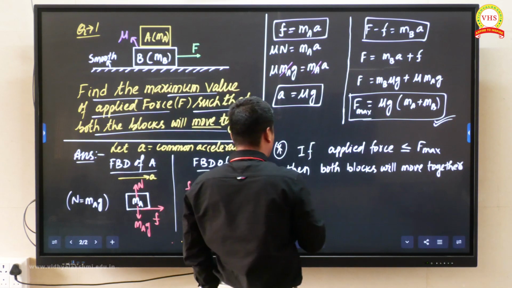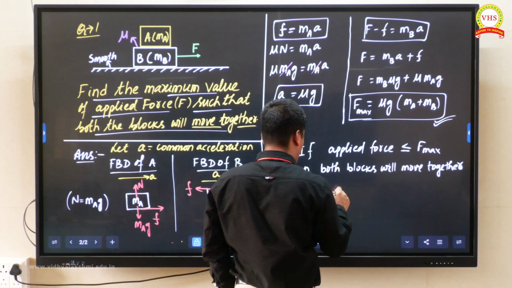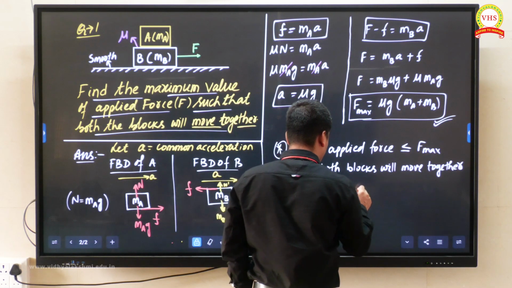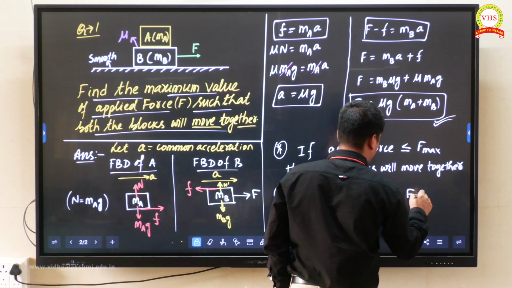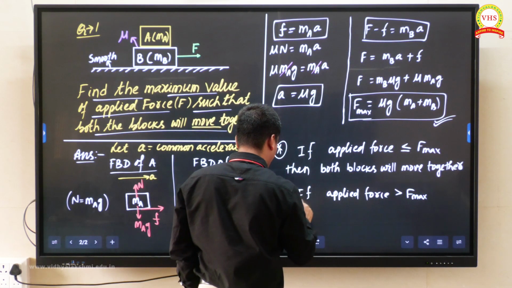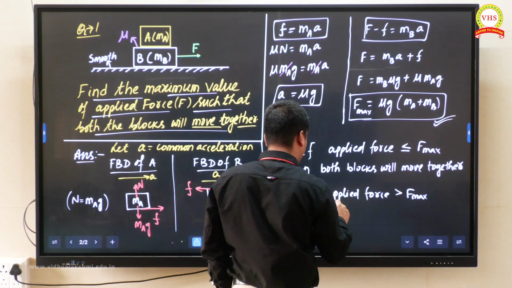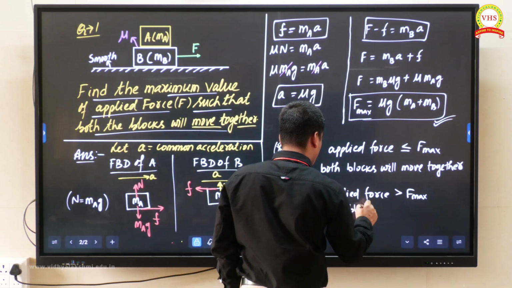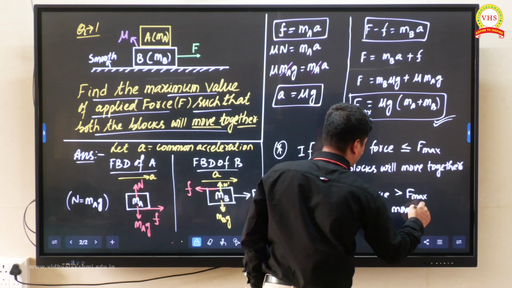Now if that is not happening, if the applied force is greater than F max, then both will move separately. Both blocks will move separately.